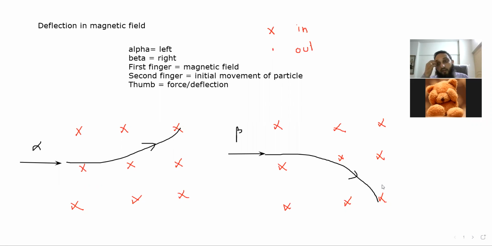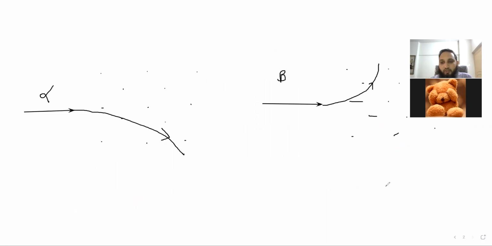So alpha and beta in the magnetic field are always moving opposite to the direction of each other. When you show the deflection, the deflection of beta, because of its small mass, is more than alpha.